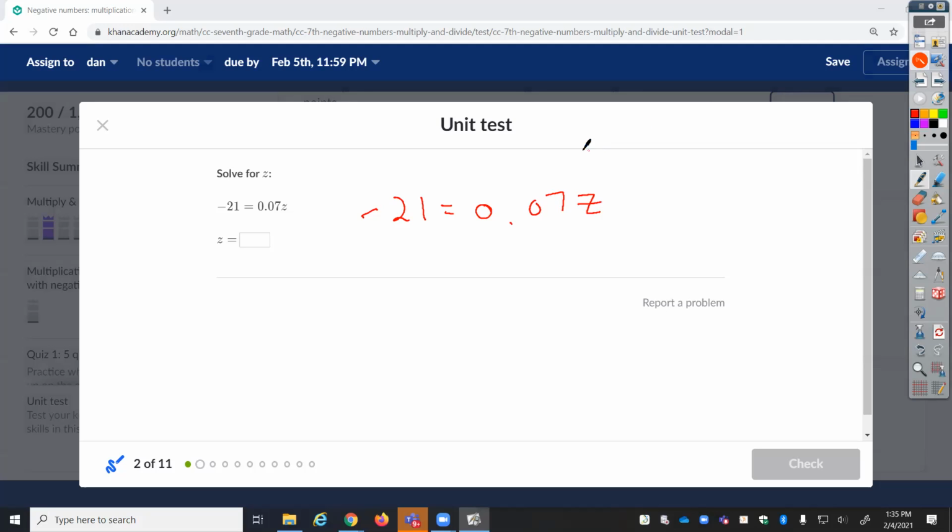Well, in order for us to solve for z, to isolate the variable z, we have to do just the complete opposite. So we must determine what's happening between the 0.07 and the z. What's happening between 0.07 and z?